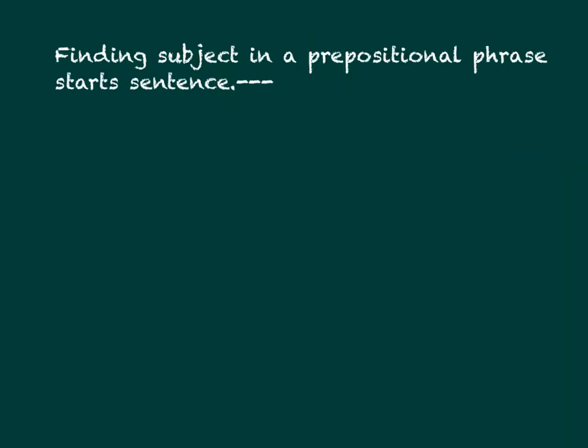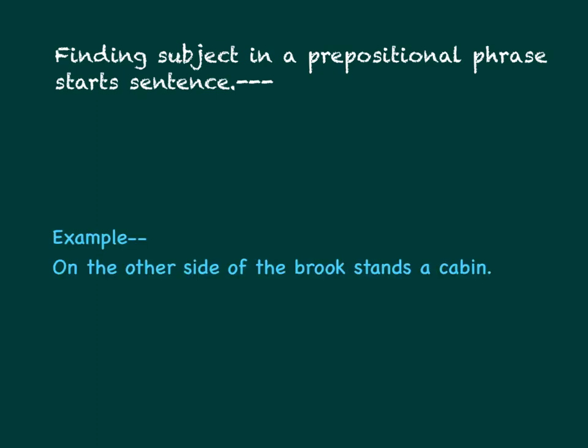The last type of situation we will learn about is when a prepositional phrase starts a declarative sentence. Knowing how to do this adds sentence variety, strong sentences, and grabs your audience's attention. Our example is, on the other side of the brook stands a cabin. We know from the previous lessons that we need to find a verb first. The verb is stands.